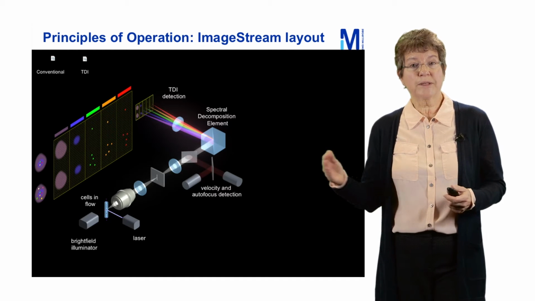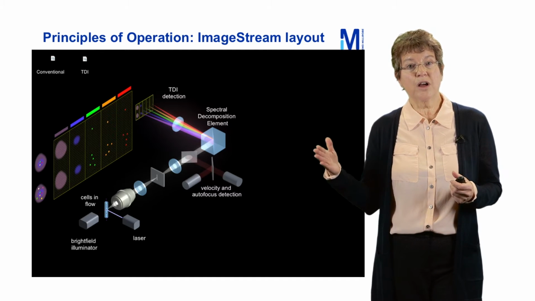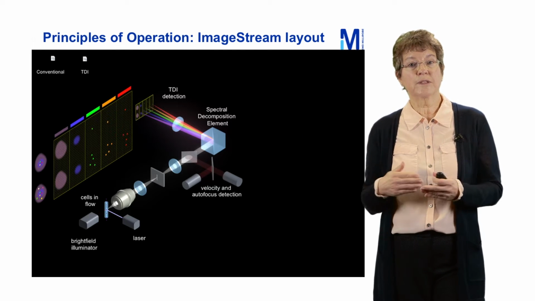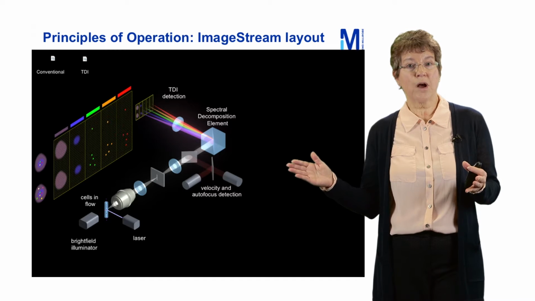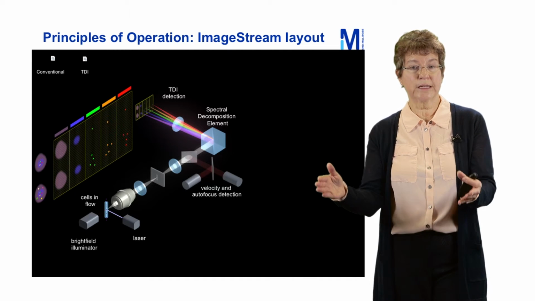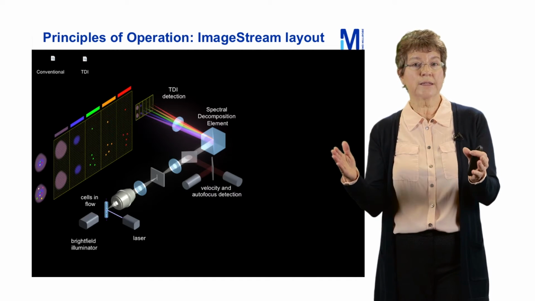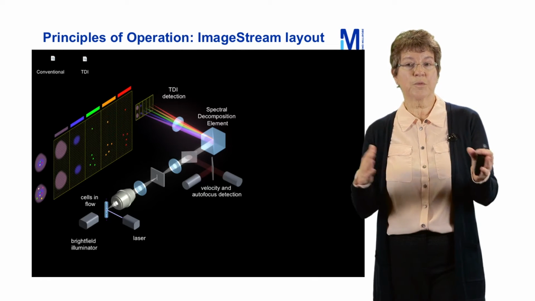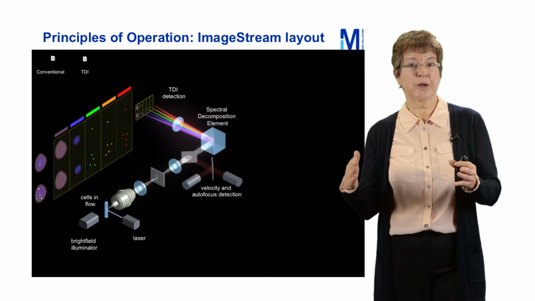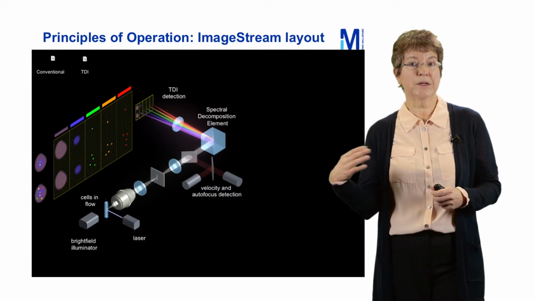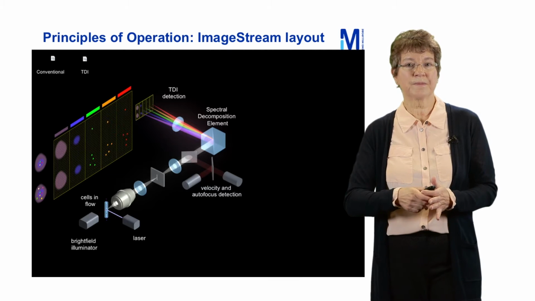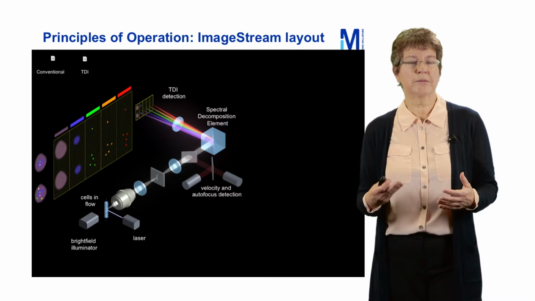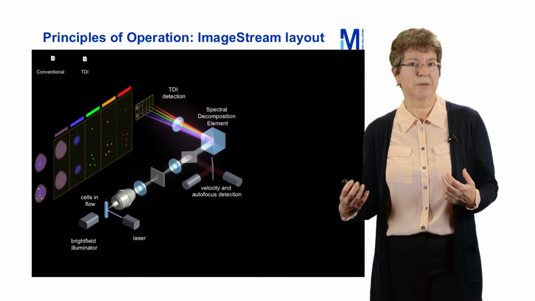The spectral decomposition element is a series of long-pass filters set at precise angles such that the spectra is spread out so that when it's sent to the CCD camera, the light is captured in discrete locations on the camera, different wavelengths in different channels, spread across, in this example here, 6 channels. The camera is a custom camera and it's operated in time-delayed integration mode, which I'll talk about in a minute.